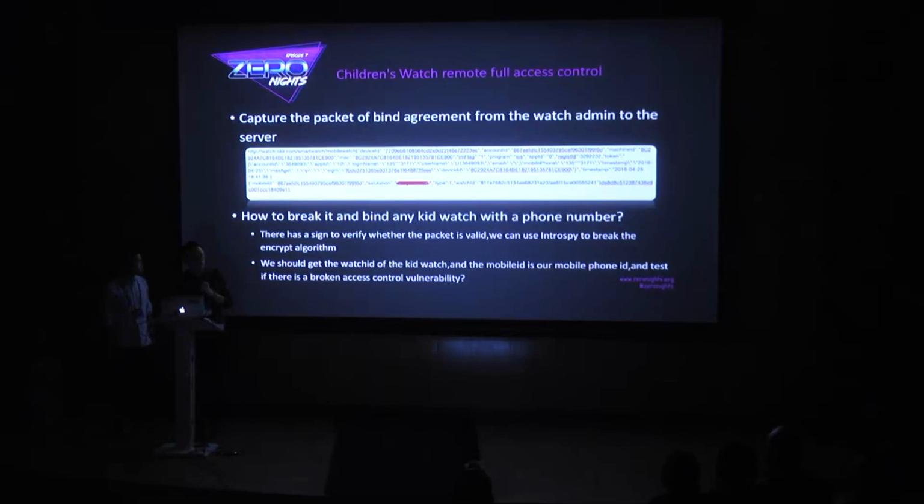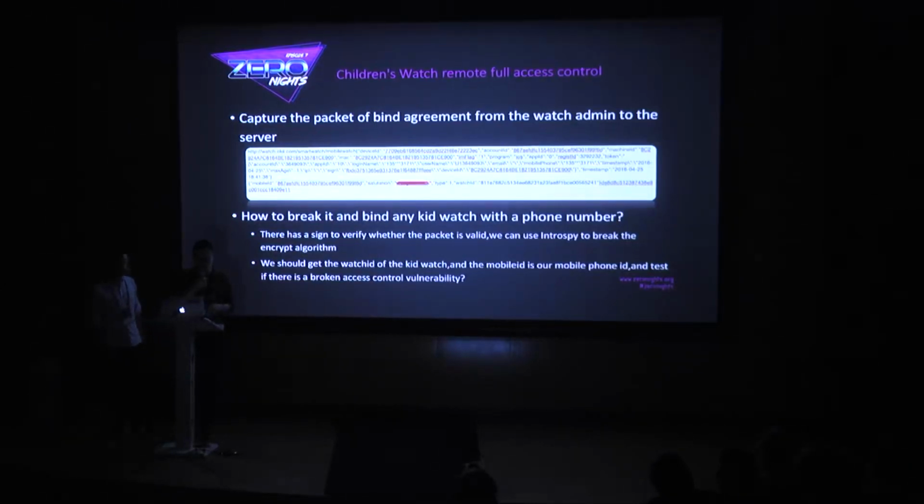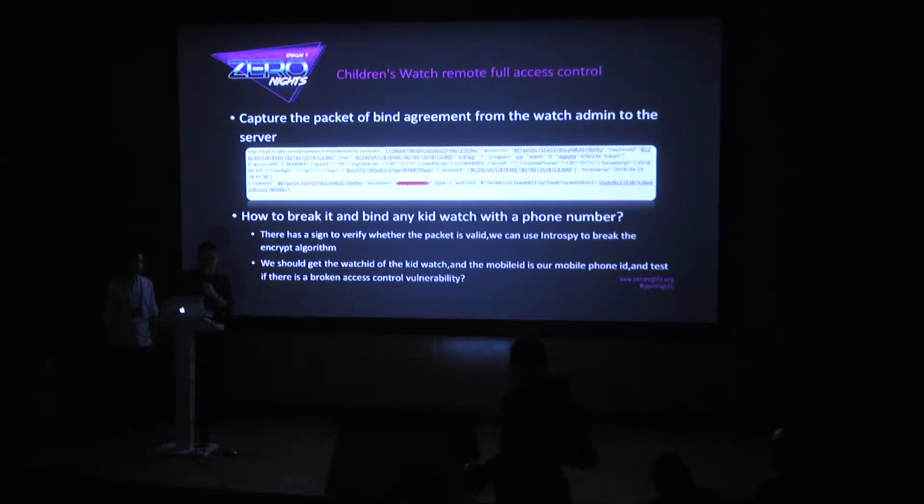So how do we break it and bind any kid's watch with a phone number? As there is a sign to verify whether the packet is valid, and the encryption algorithm is too complex, we can use Frida to break the encryption algorithm.